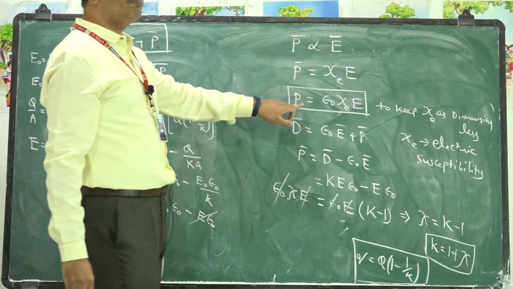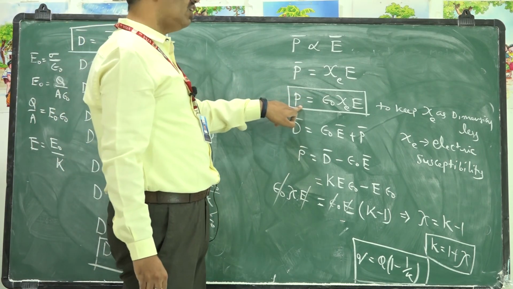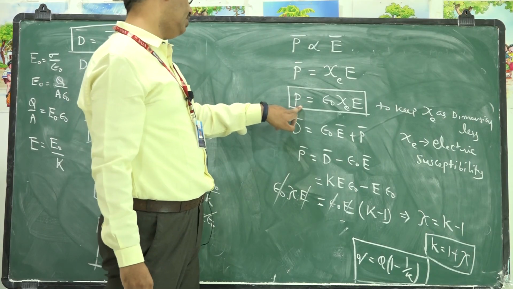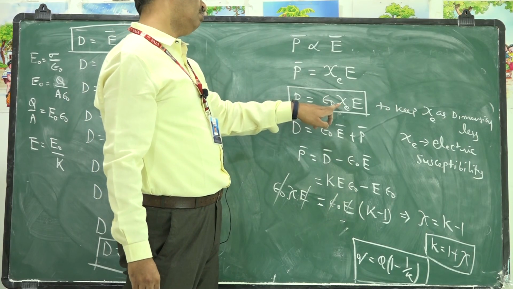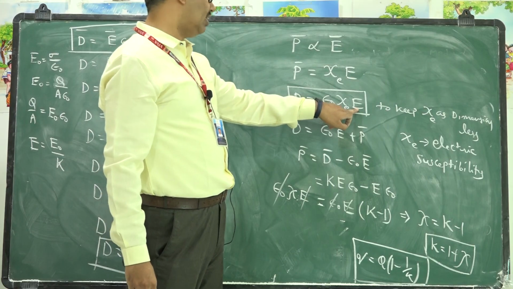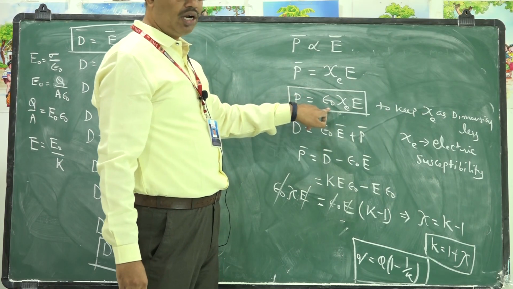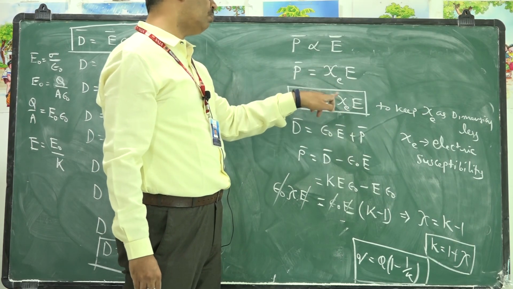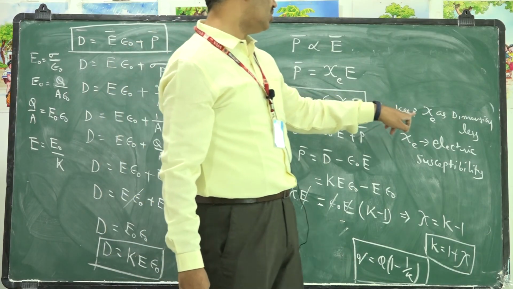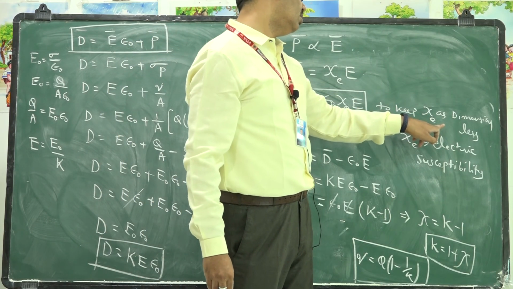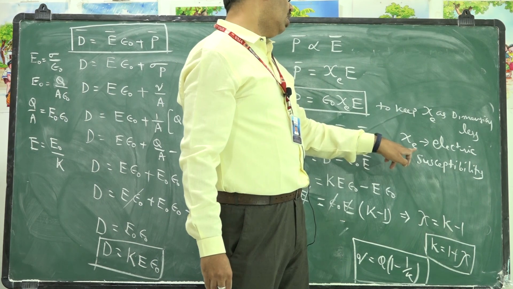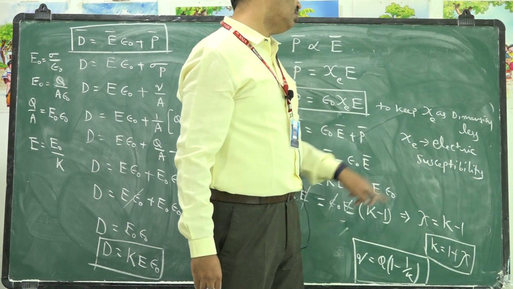Whenever you want the magnitude of the polarization vector, nothing but polarization density, you should take the product of the electric field with epsilon naught and chi E. Here chi E is a proportionality constant, called electric susceptibility.